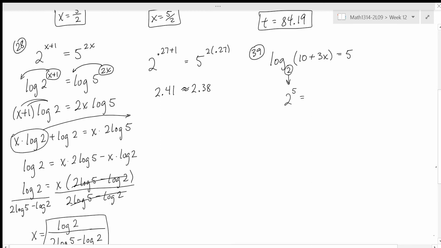All right, bring the base down, switch the other two around. And at this point, I'm going to need you to calculate 2 to the 5th power. 32.